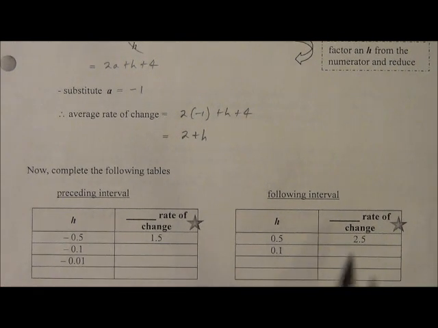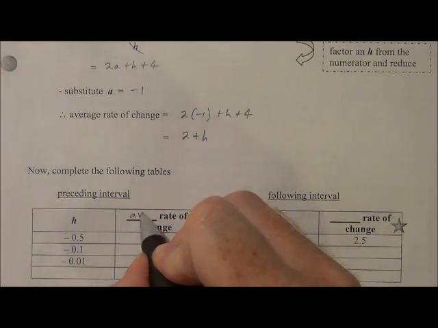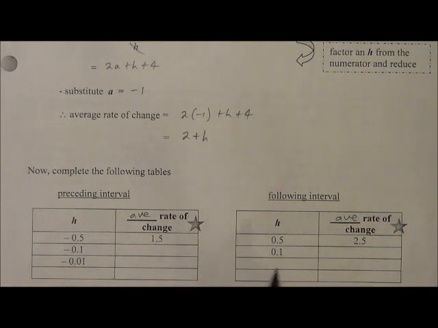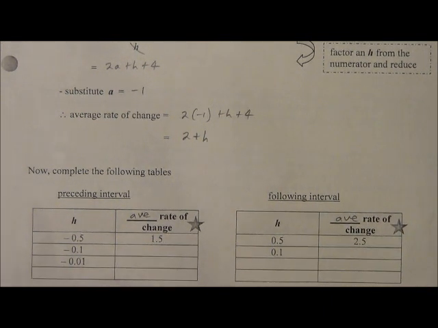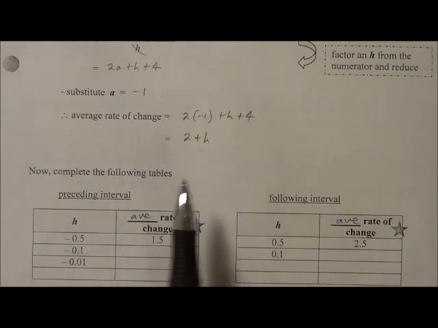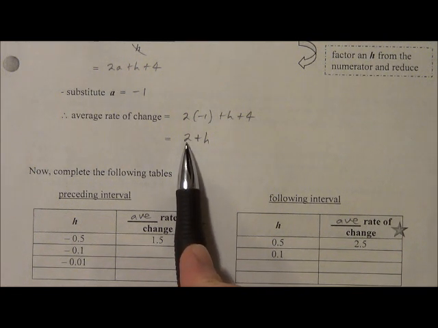Now, we're still not at the estimate of the instantaneous rate of change step just yet. All we're doing is finding the average rate of change for the preceding interval and the following interval. That's all we're doing just yet, just the average rate of change. So we're going to take very small values of h and add them to 2.